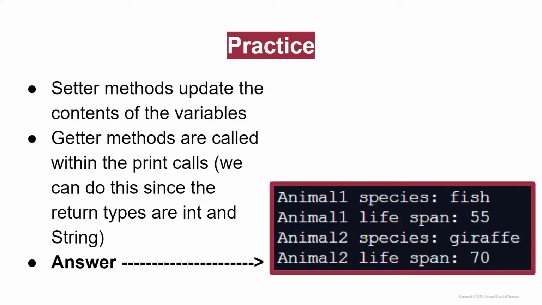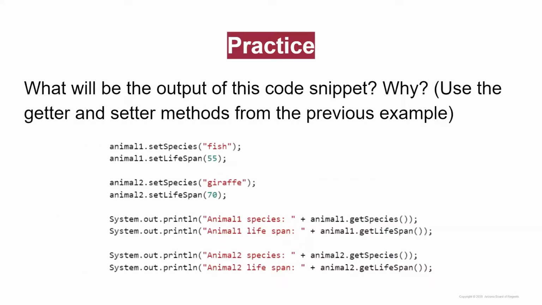In this case, they're called within the print calls, and we can do this since the return types are integer and string. The nice thing about Java is you can just append the return from these functions right into the string that you're printing out. It's pretty handy.